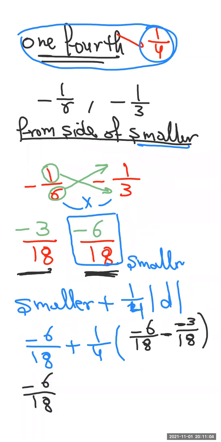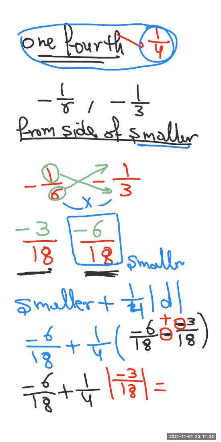So now it will be -6/18 plus 1/4 times. Here, it's -6 minus -3, so plus: -6 plus 3 means -3/18. But take care, this one is absolute value, right? So times the absolute value of this one.